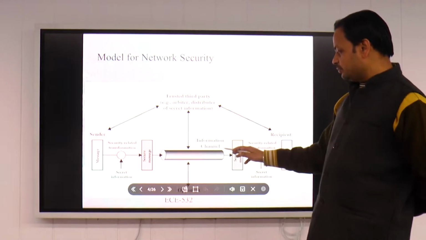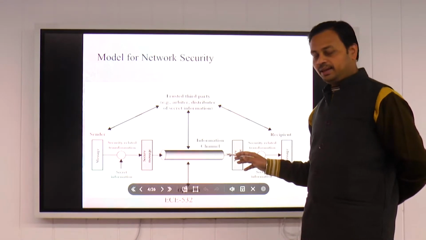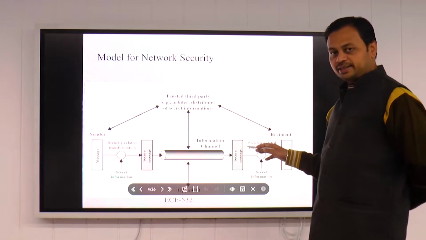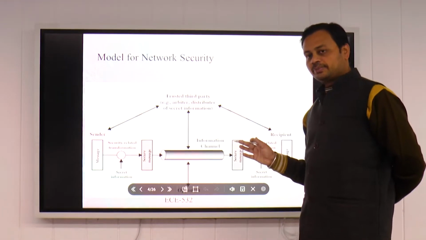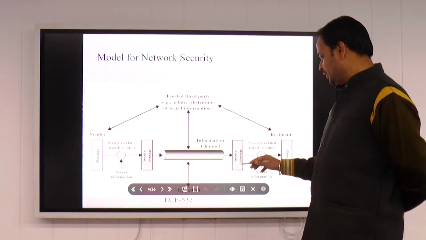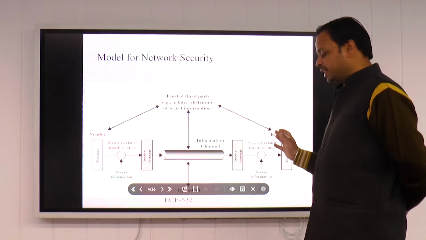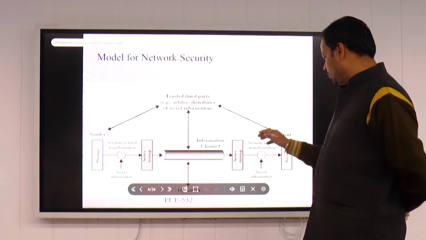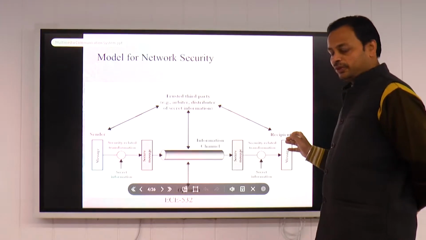Now this secure message will be transferred over the information channel, and at the receiver side the reverse operation will take place, because the sender and the receiver are the authorized users. So at the receiver side we do the reverse transformation. From the secure information we convert back into the original information.